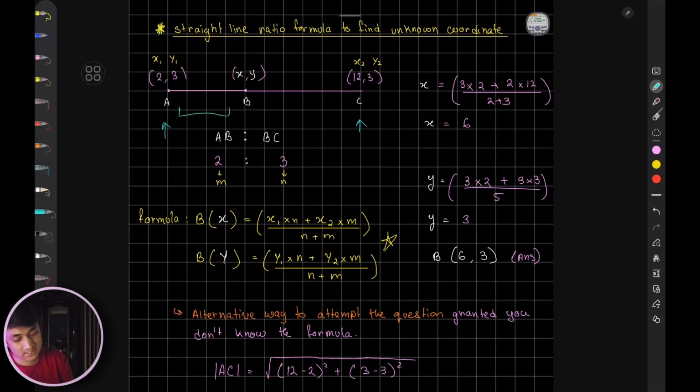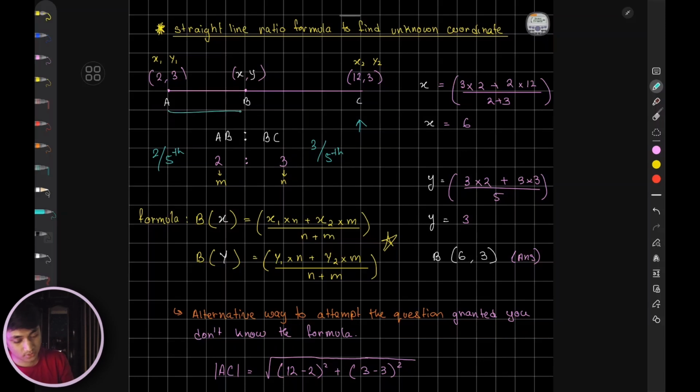So AB is such a part of the line where the distance is 2/5 of the entire line. Again, BC is such a part of the line that is 3/5 of the entire line. Why 3/5 and 2/5? Because the line is divided into a ratio of 2:3.